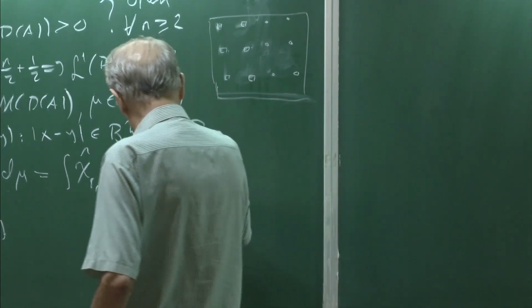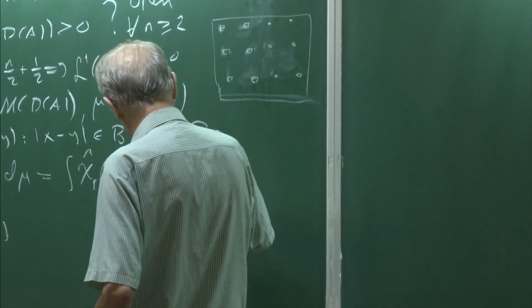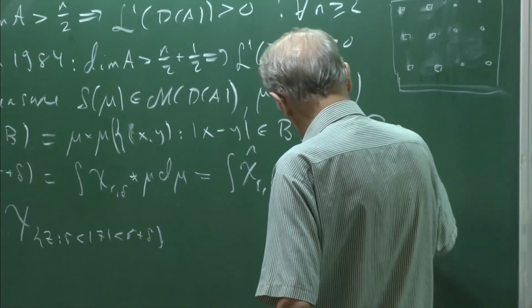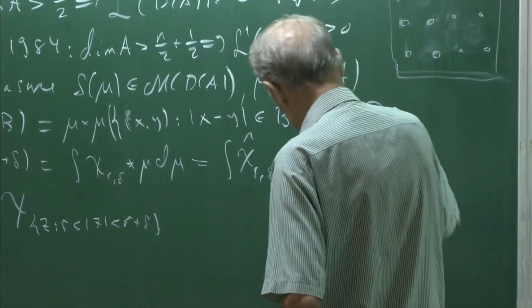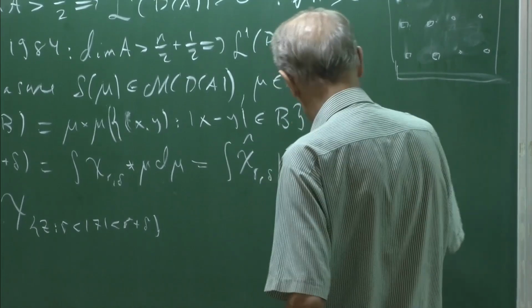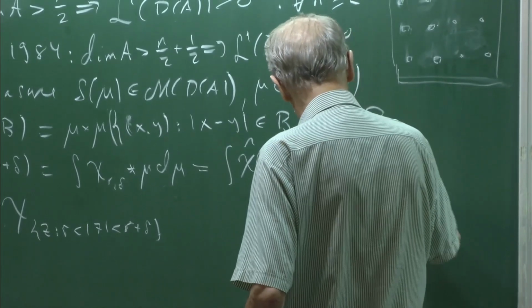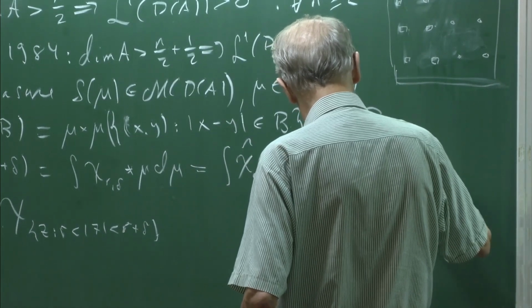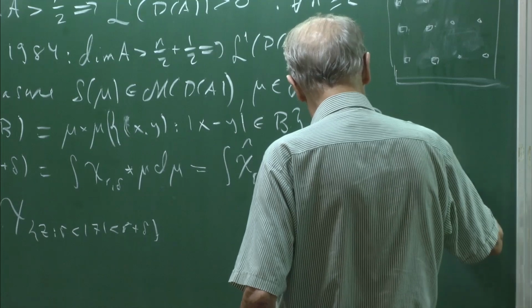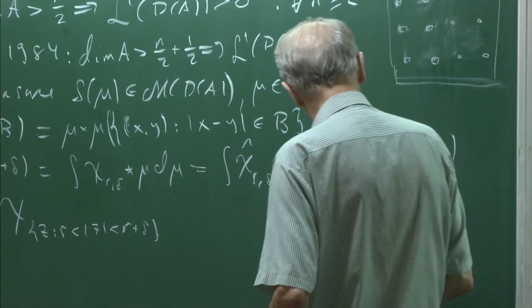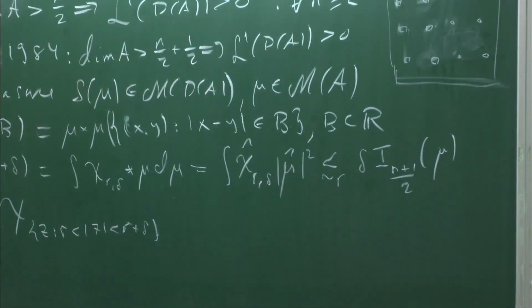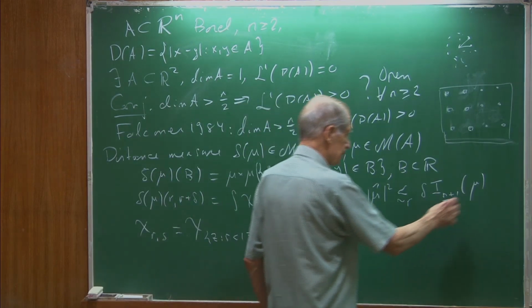And you will find that this is less than or equal to, I don't care about the dependence on R, there is some constant depending on R, essential is delta. So delta, and then what you get is the s-energy of mu.